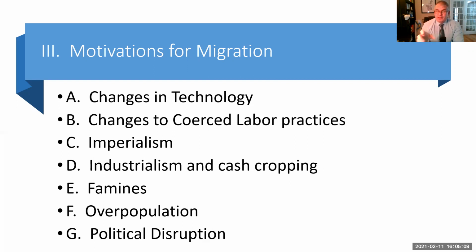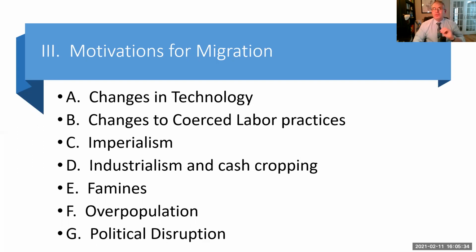Now, American businesses that had plantations, sugar plantations, pineapple plantations, banana plantations, required laborers. The native Hawaiian population had declined significantly. So the Japanese immigration is going to provide that labor. So that's one example of the type of things that were going on.